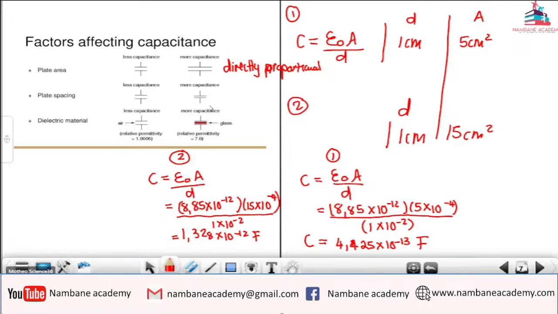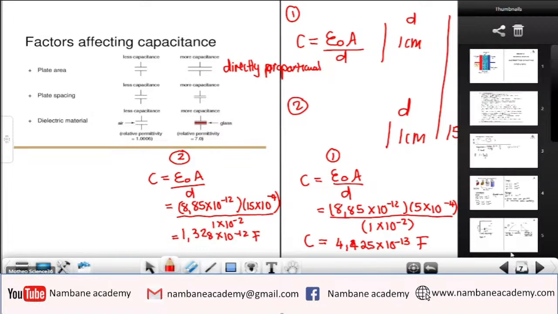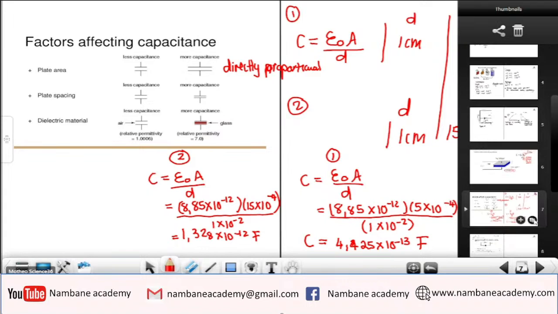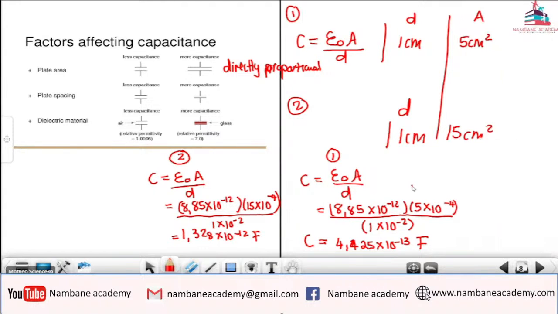Now let's look at the distance one. That is going to be our second example. When we compare the distance as well, if the distance changes, what is going to happen? Here, my notes are telling you that if there is a bigger space between the plates, there is less capacitance.